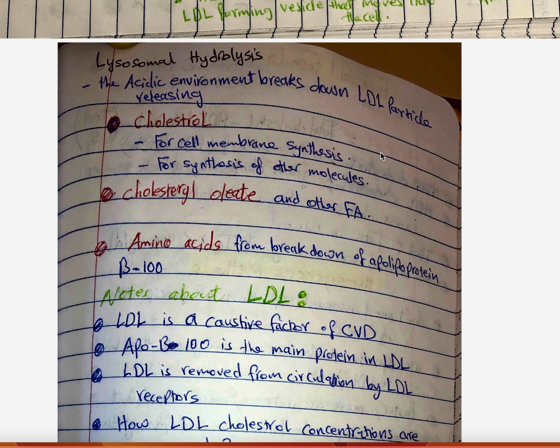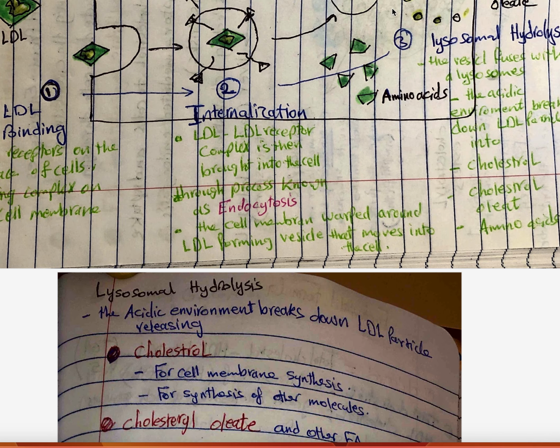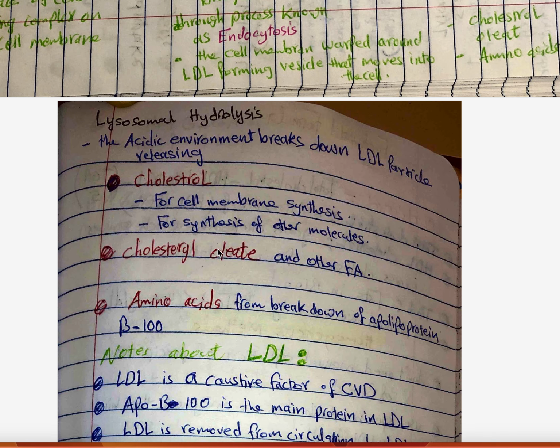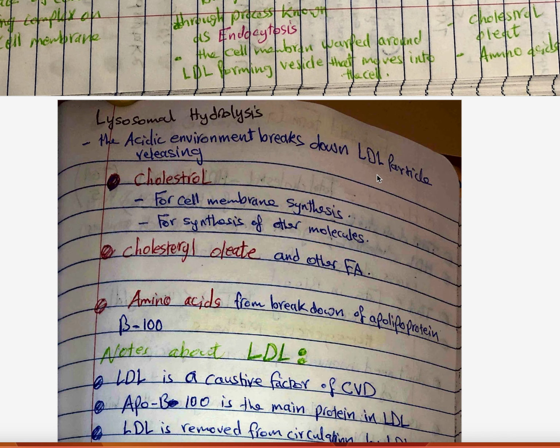Then I will explain more about how the lysosomal hydrolysis happens, which is the third step that occurs here. So in lysosomal hydrolysis, the acidic environment breaks down the low density lipoprotein particle, releasing, as I can see, cholesterol, cholesterol oleate, and amino acid.